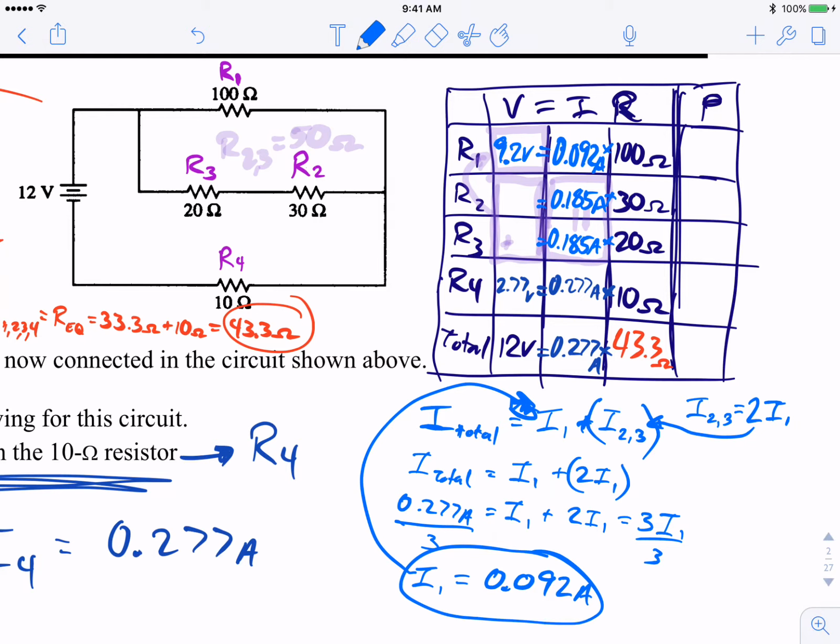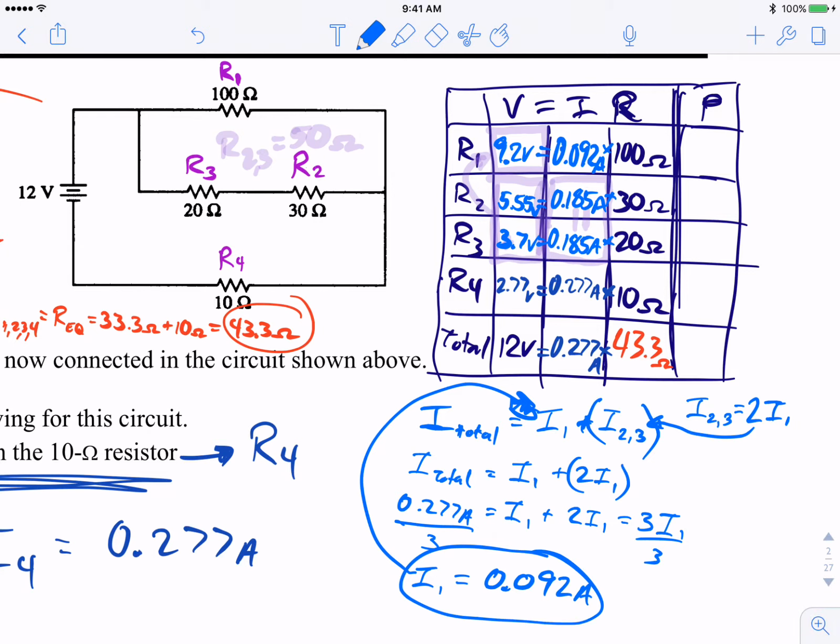And then 30 times 0.185 is 5.55 volts. And then 20 times 0.185 is 3.7 volts.